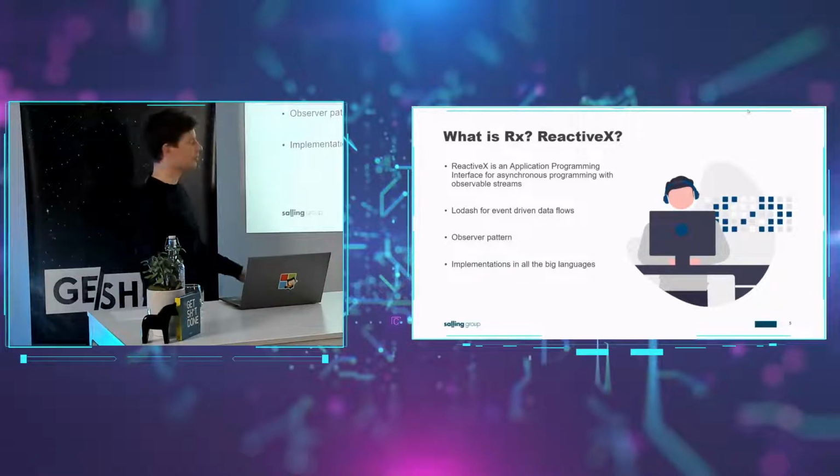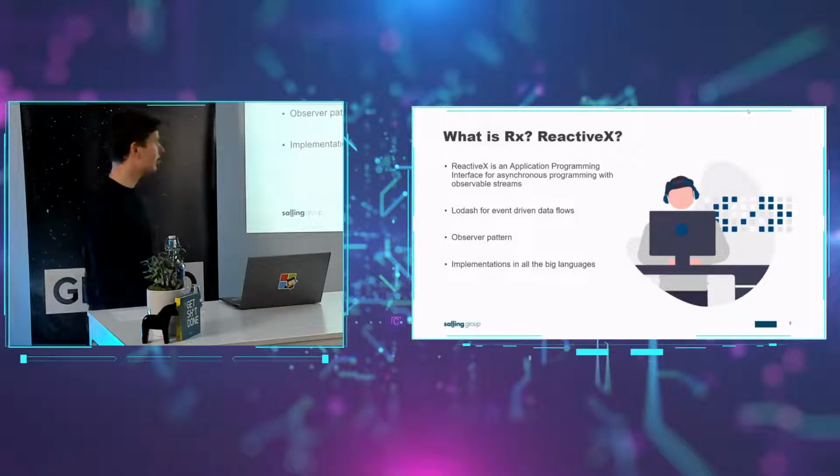How many of you know the observer pattern, or have heard about it before? A few. You might have heard about it in school. I did. But basically, it's a very, very used pattern in computer science, which is you have a subject, and then you have 0 up to many observers of this subject.